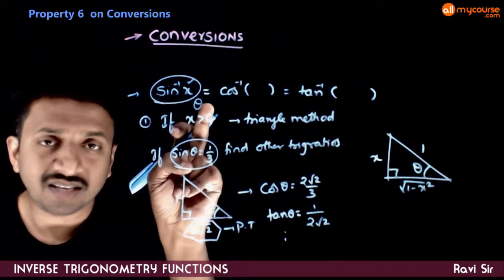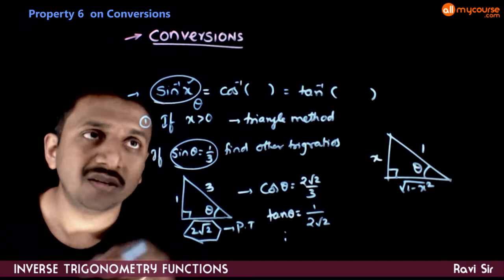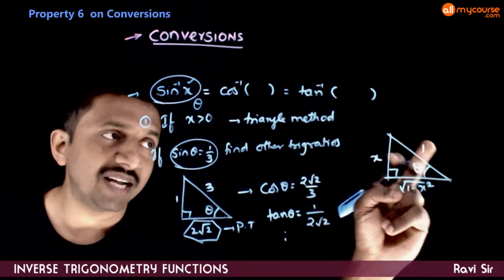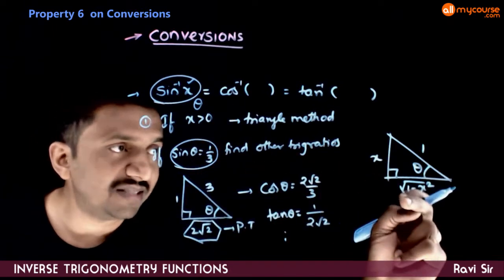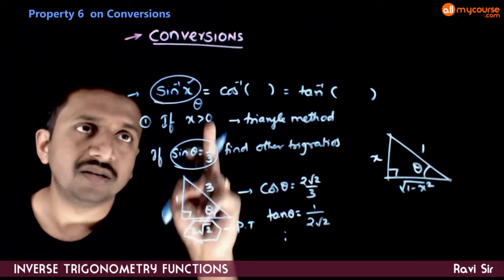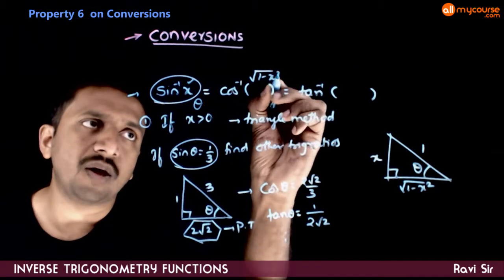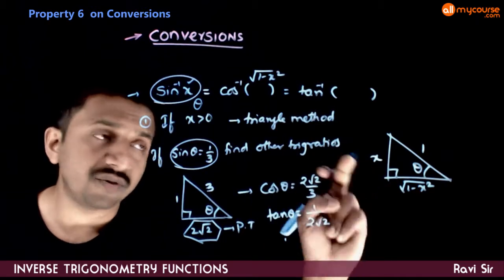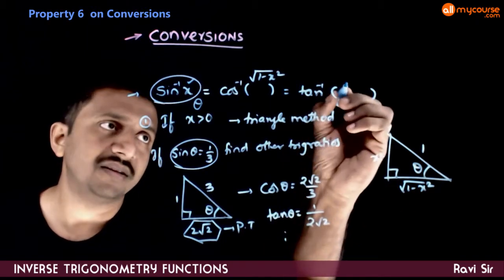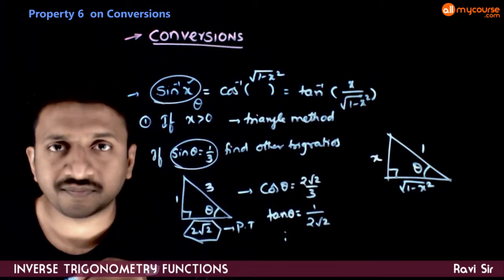Now, this theta, which is sin inverse x, what is it also equal to? Sin inverse of opposite side by hypotenuse will be equal to cos inverse of adjacent side by hypotenuse. So sin inverse of x is equal to cos inverse of root of 1 minus x square. This is equal to tan inverse of opposite by adjacent, x by root of 1 minus x square.